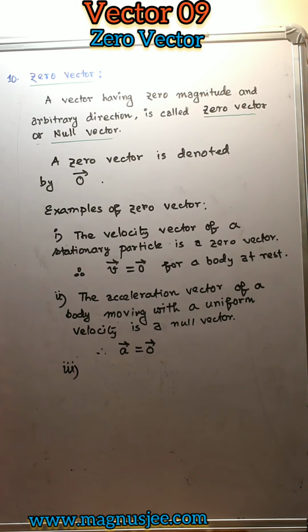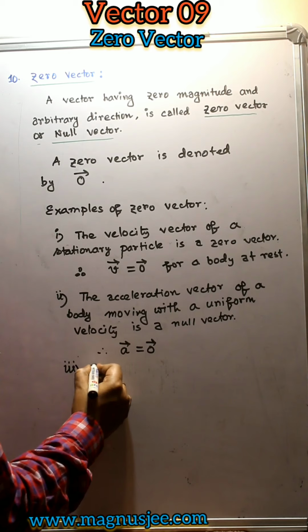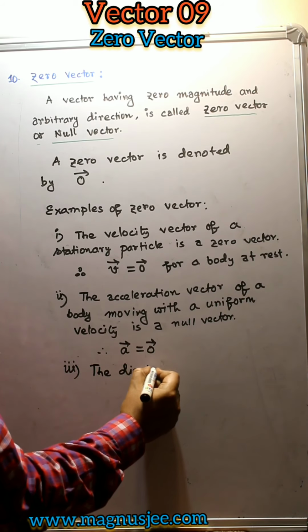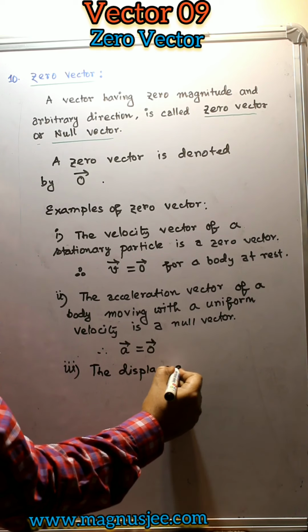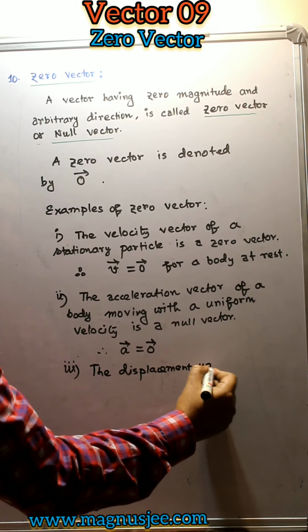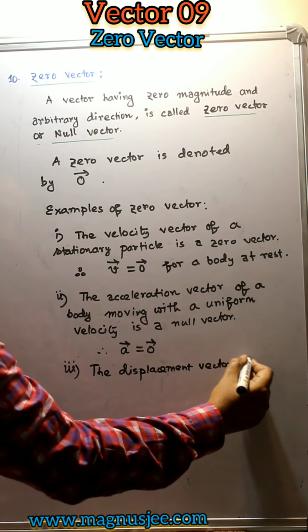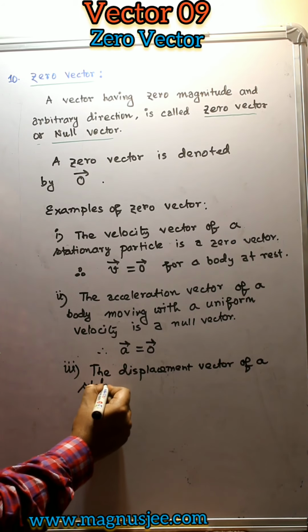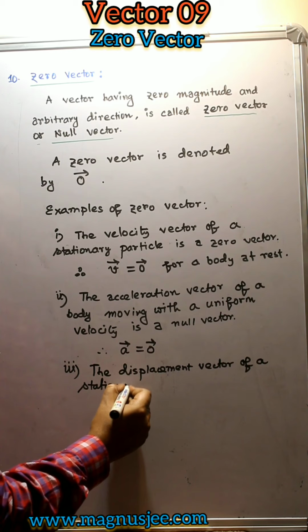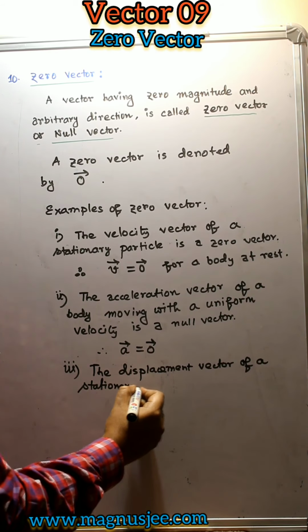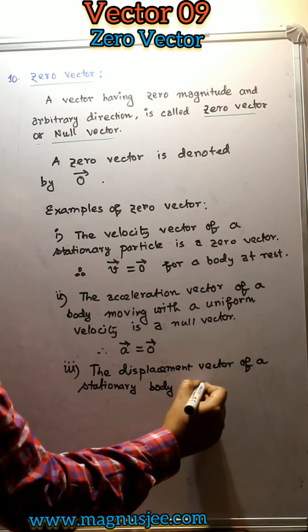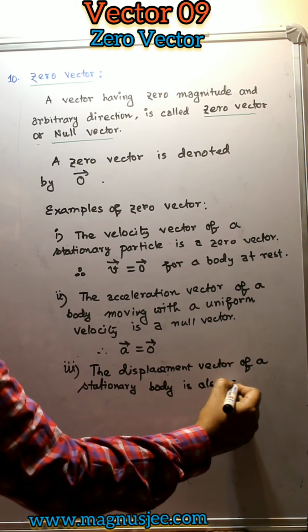Number three, the displacement vector of a stationary body is also a null vector or zero vector.